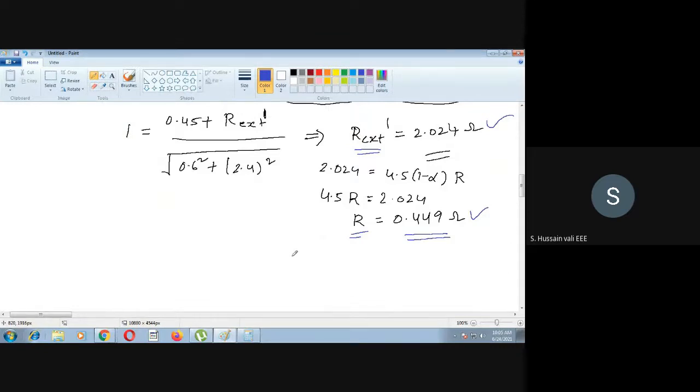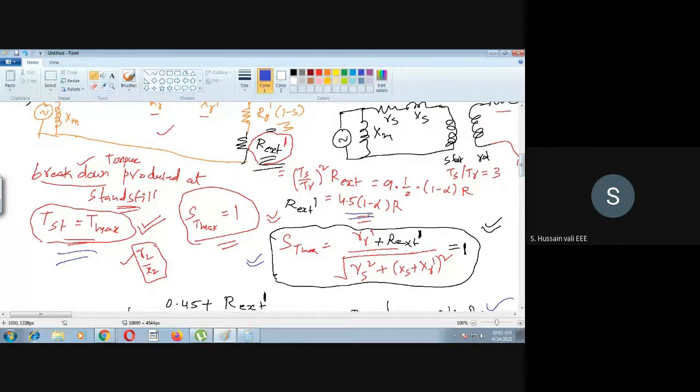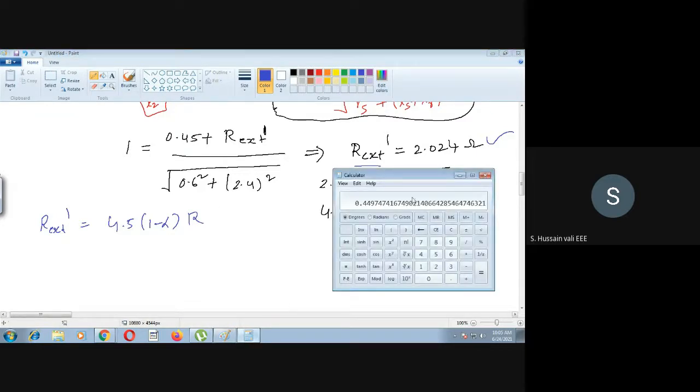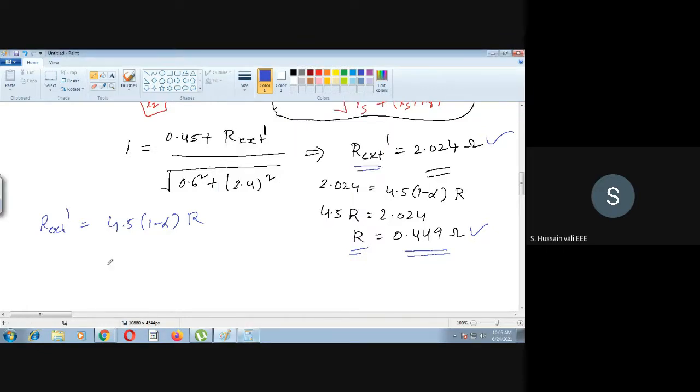So we'll see now. What is the answer we got there? We got R external dash. Somewhere we got the value of this: 4.5 into 1 minus alpha into R. Now the R value we just found, so we'll substitute R here into 4.5, giving 2.024 into 1 minus alpha.